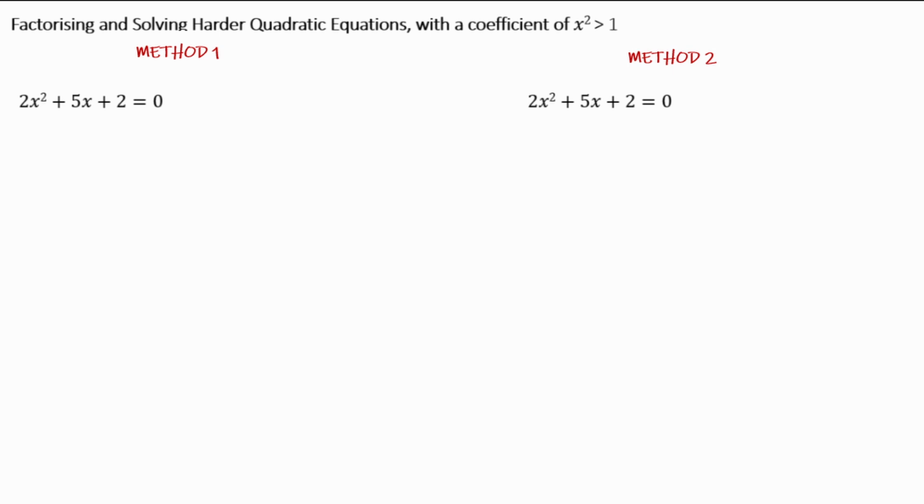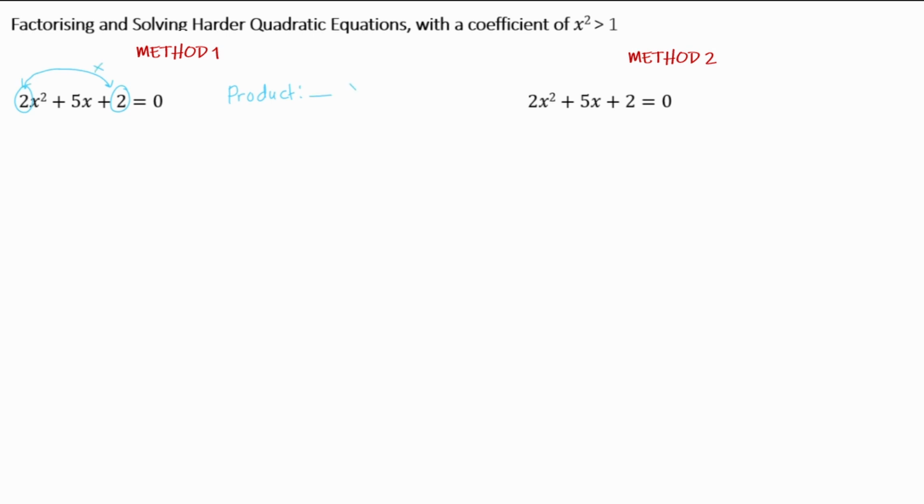For the first method, just like when we are factorizing the easier quadratics, we first have to find a number which gives us a product. Now, if this was a quadratic equation where the x squared coefficient was 1, normally we would be looking for a product of 2. However, this time, because we've got a coefficient of x squared which is 2, we have to multiply both of these, which gives us 4.